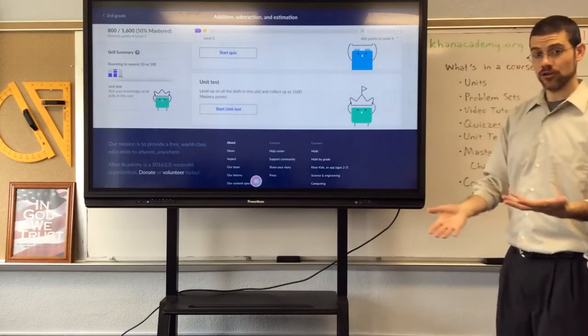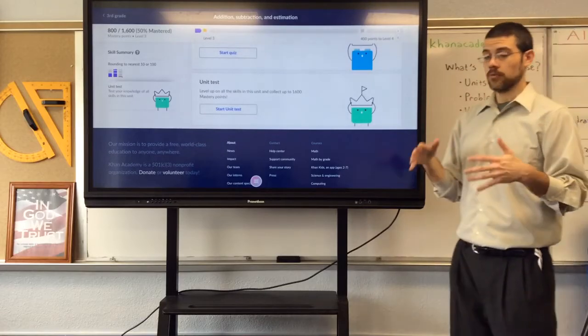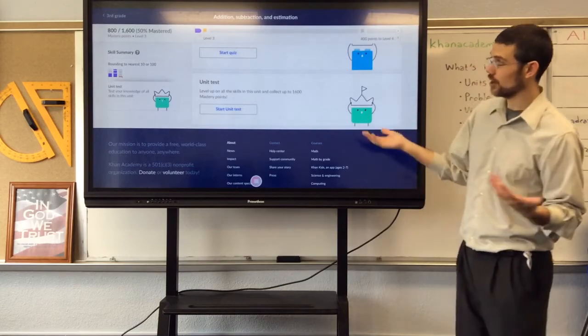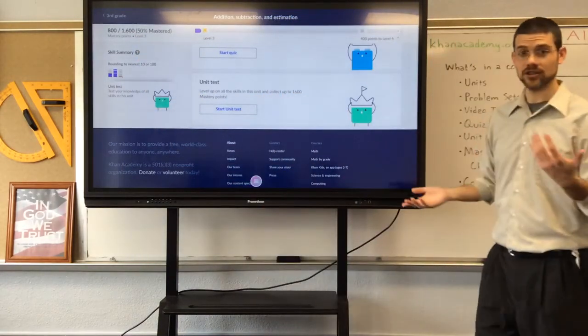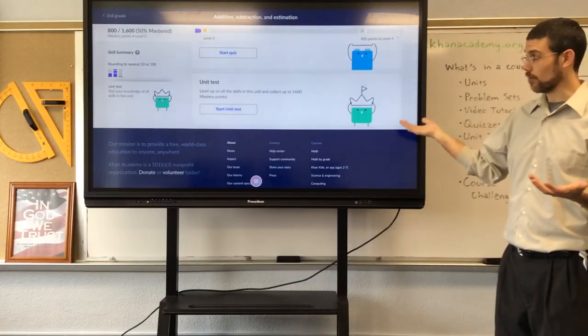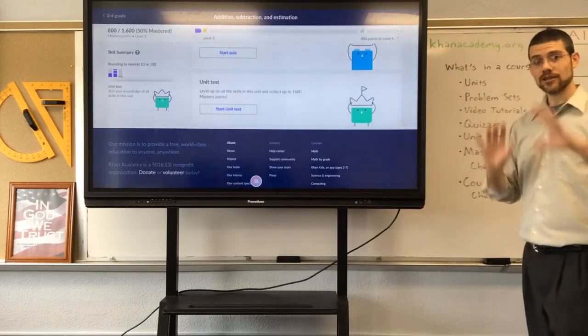So at the bottom of a unit, you'll find a unit test. The unit test varies in length depending on the size of the unit. This was a fairly long unit, has 16 skills in it, so I would expect it has 16 or so problems on the unit test that you'd be assessed with. So that's what you'd find in here.